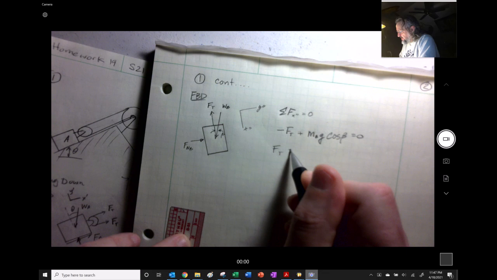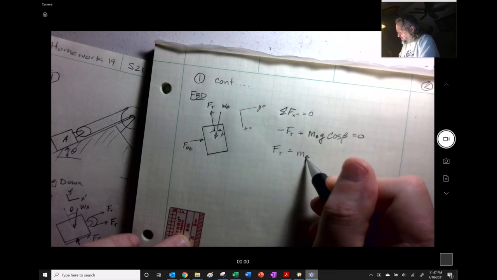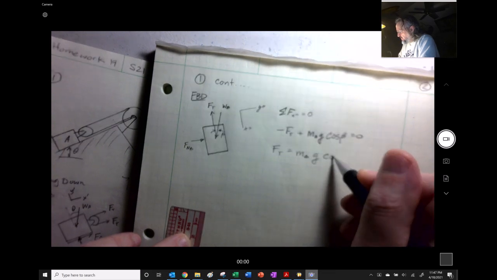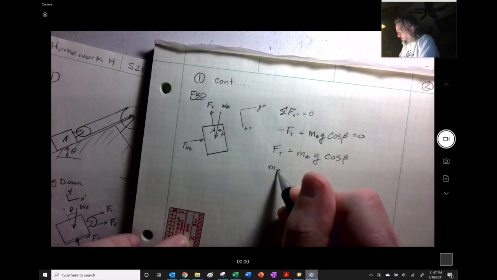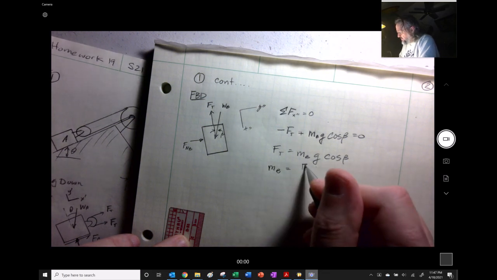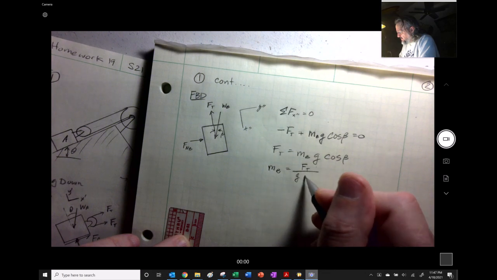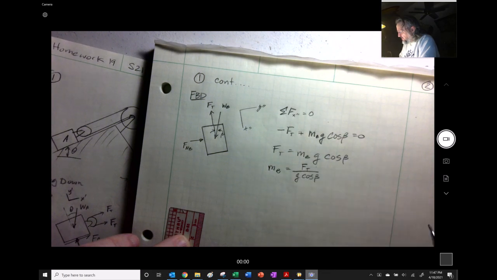So FT is equal to mBg cosine of beta, or mB is equal to FT over g cosine of beta.